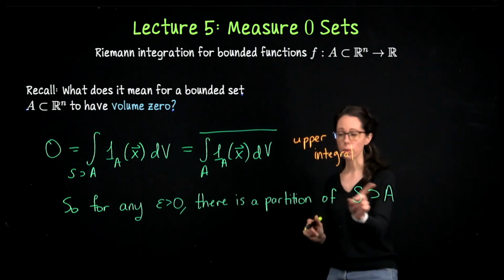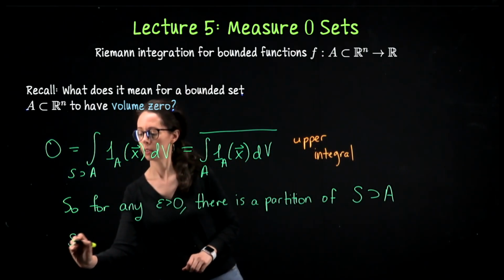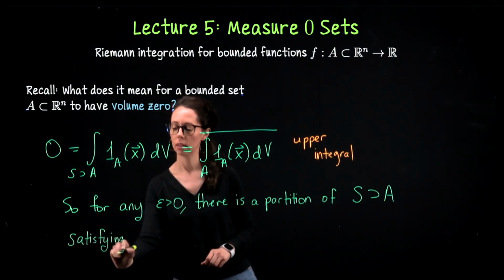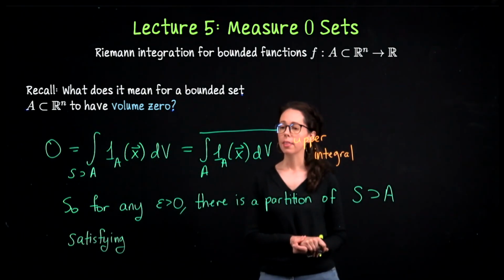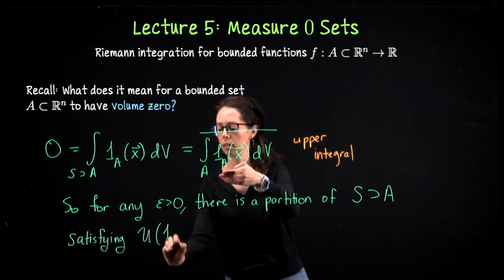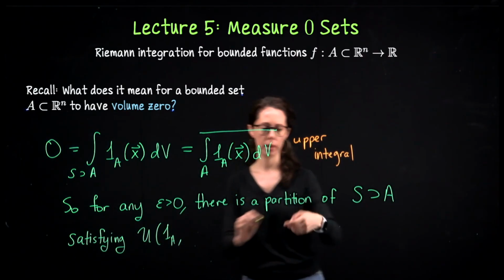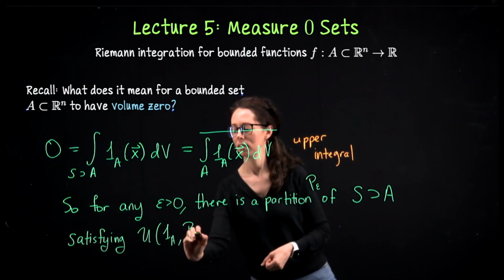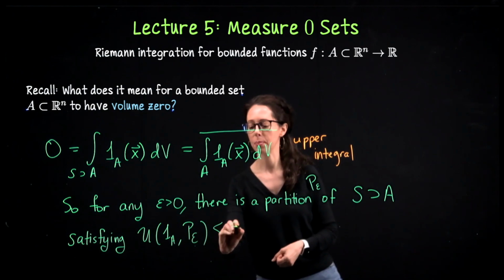There is a partition of S, which I'll write as P sub epsilon, satisfying that the upper sum of the characteristic function with respect to this partition is less than epsilon.